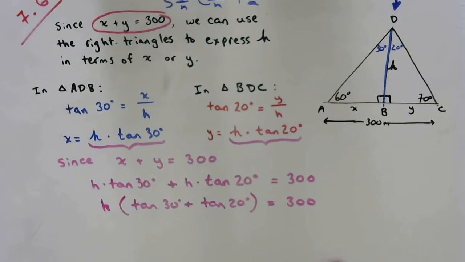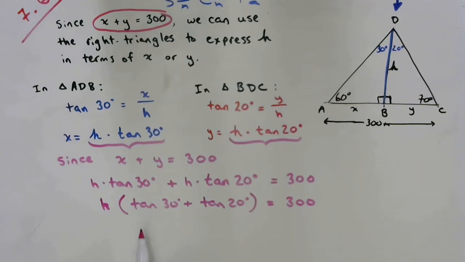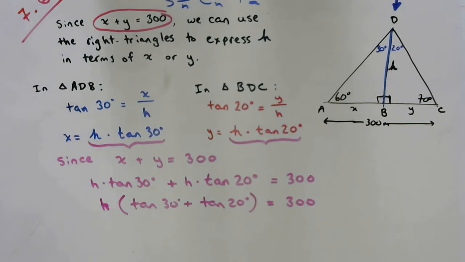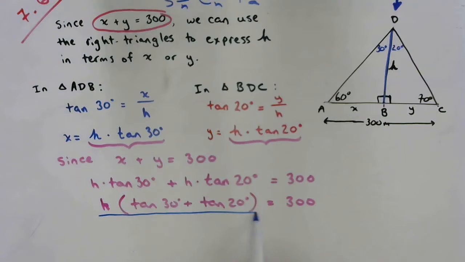Huh. Now what? Look at this, please. I'll do it in a different color. I'm going to divide both sides by this big group. Okay, this is a group, so I can deal with it as though it's one entity, and it really is, because tangent of 30 is just a number with a bunch of decimals.